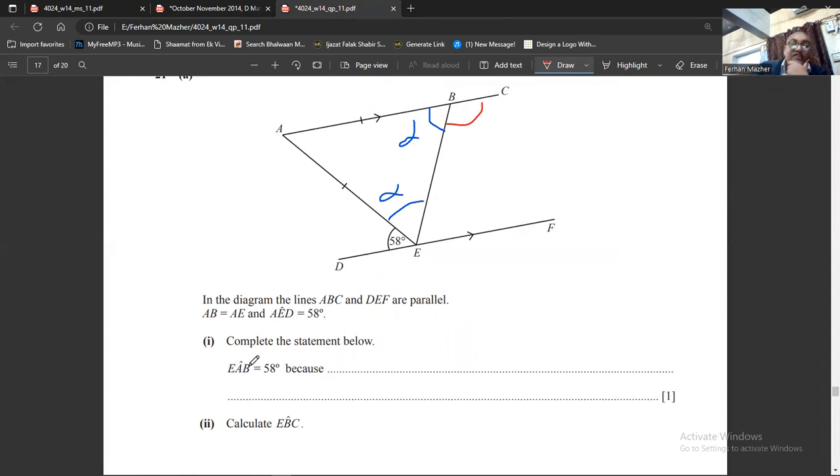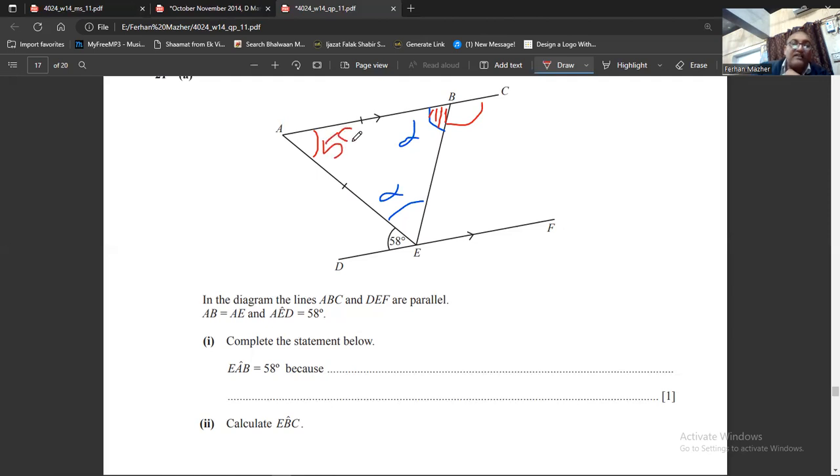The first part is to show that angle EAB is 58. So this is 58, and this angle will also be 58.